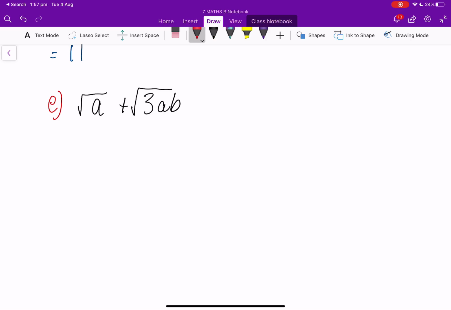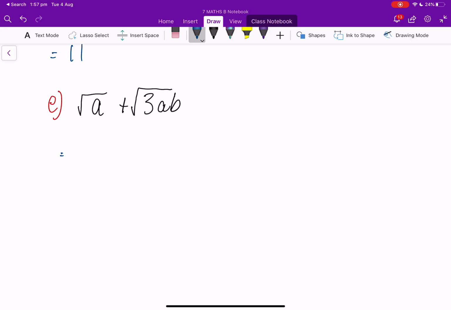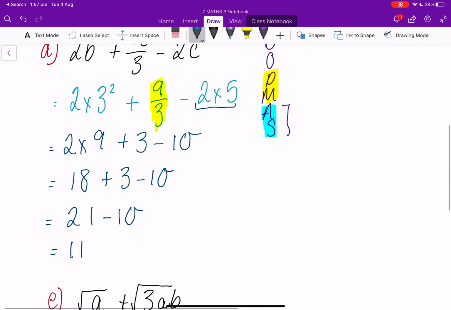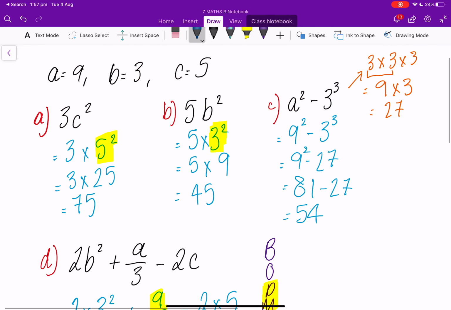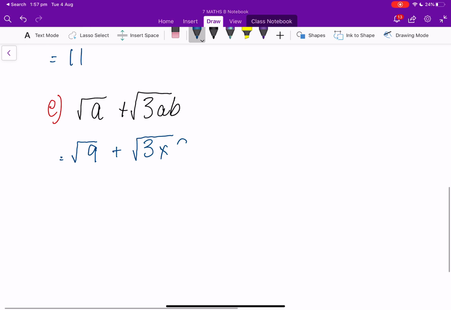Let's first of all substitute our values in. So A is, I can't even remember, I have to go look, 9, plus 3 times 9 times 3.